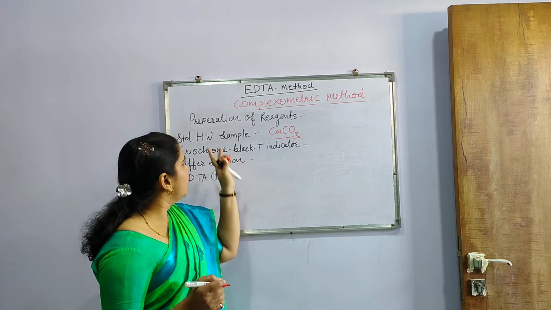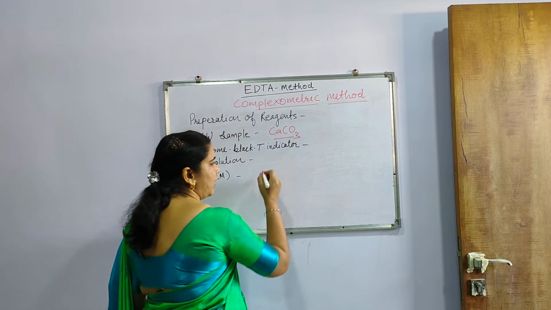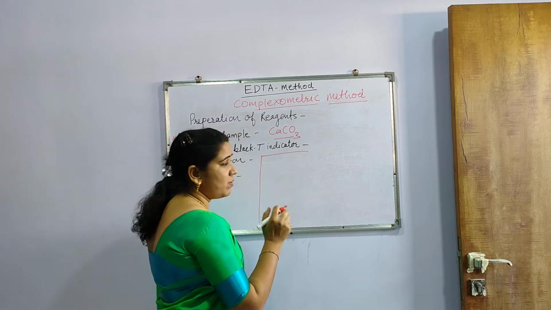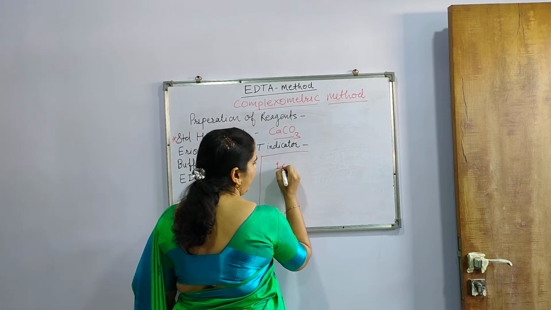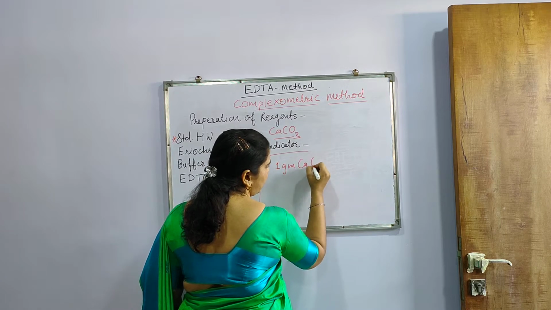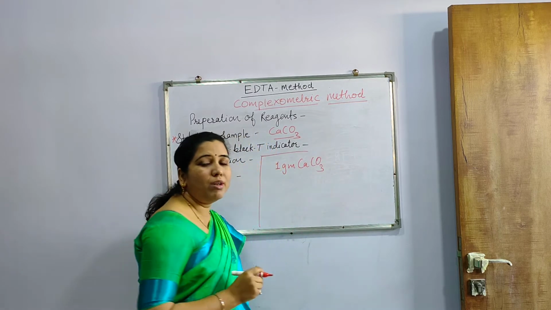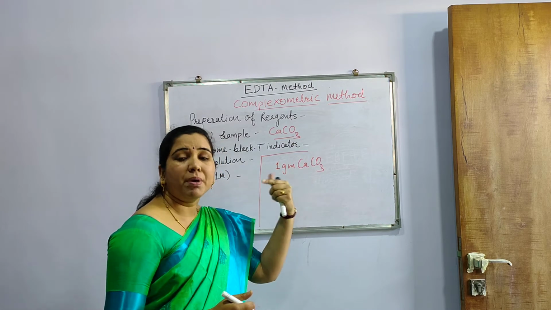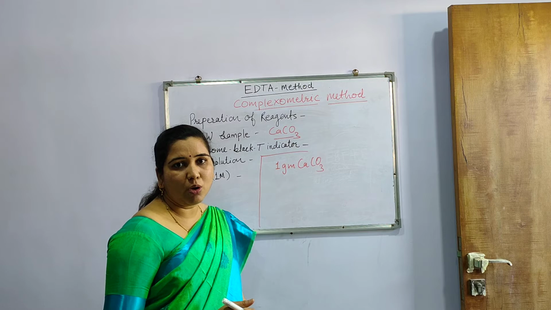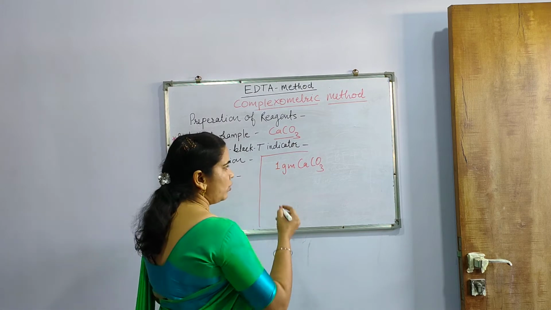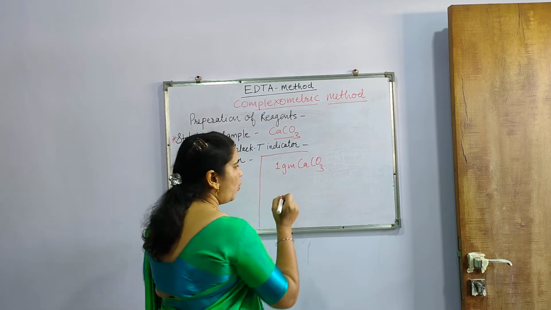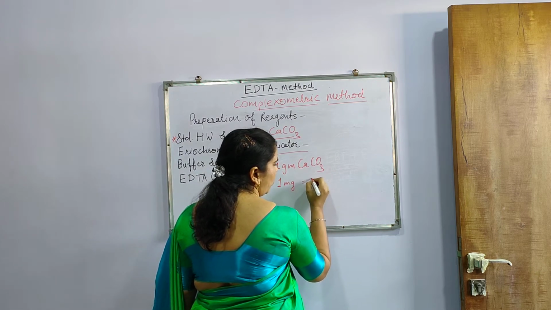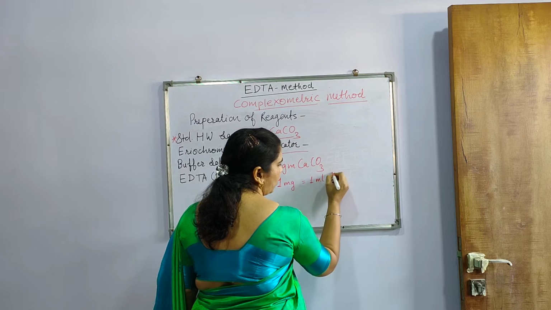Now how is it to be prepared? First of all, for the standard hard water, we have to use a distilled water sample. Measure 1 gram of CaCO3, as its molecular weight is 100. We will use 1 gram for preparing 1 liter of the water sample. So there should be 1 milligram of CaCO3 in 1 ml of water.